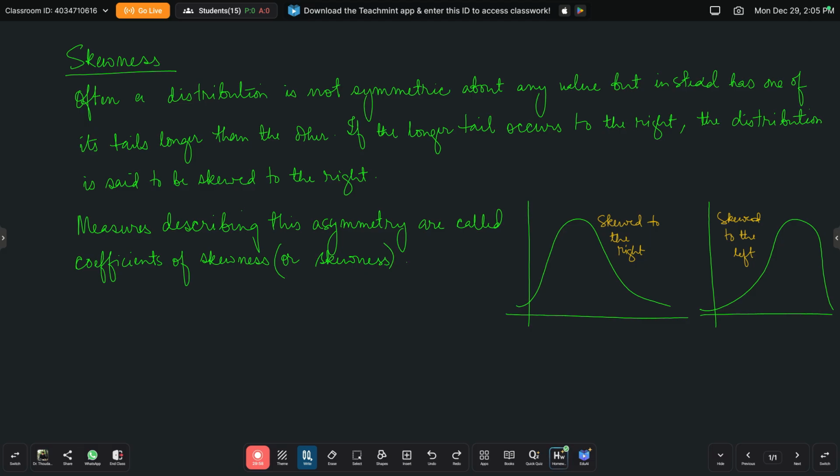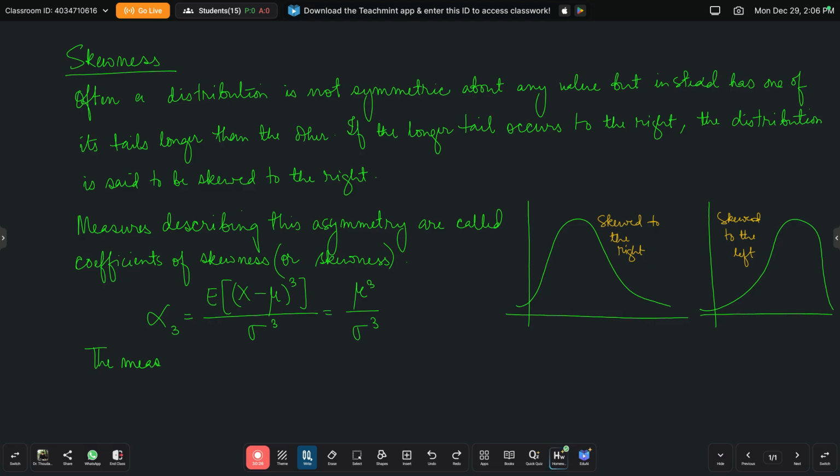The measure alpha 3 is mu 3, that is mu cube, divided by sigma cube.